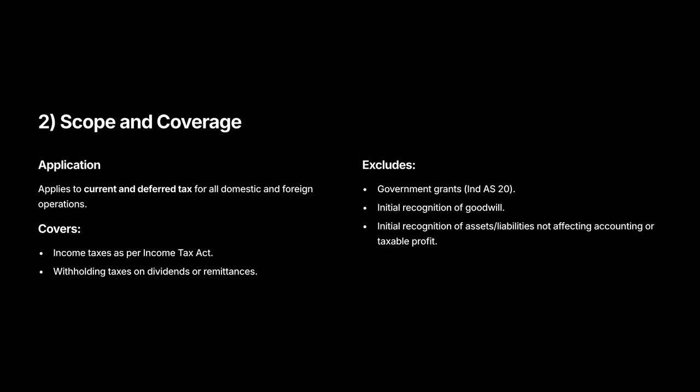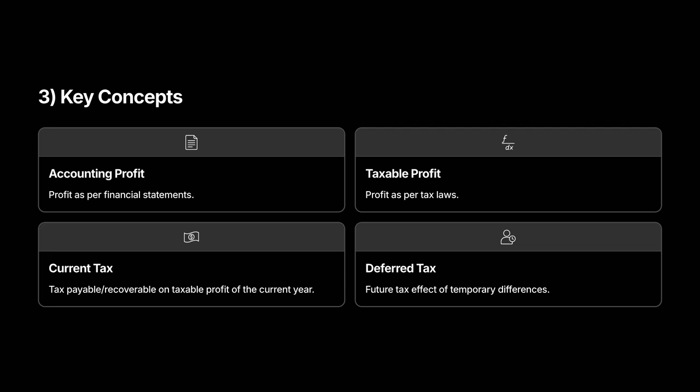Key concepts. Let's define a few basic terms before we move deeper. Accounting profit. This is the profit shown in your financial statements after following accounting standards. Taxable profit. This is the profit as per tax laws after applying deductions, exemptions, and disallowances. Current tax.